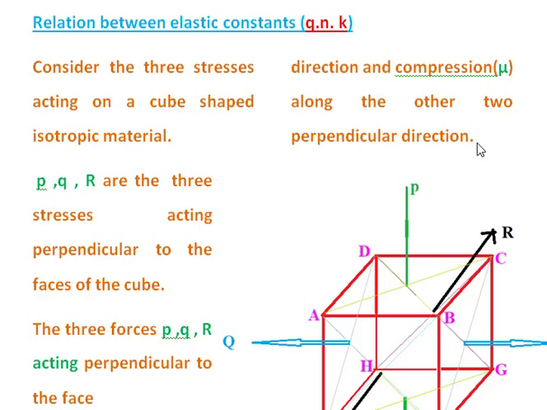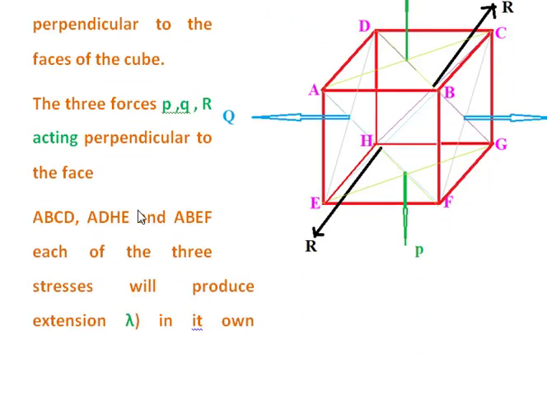In this, a cube-shaped isotropic material was selected, and three different stresses P, Q, R are applied perpendicular to each other. These three stresses will produce the elongation.